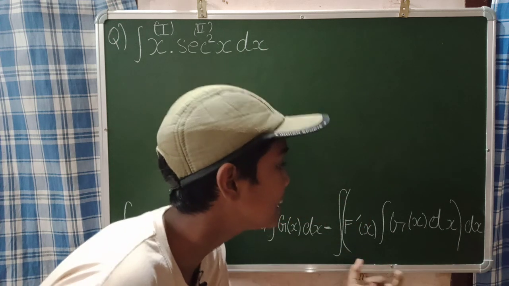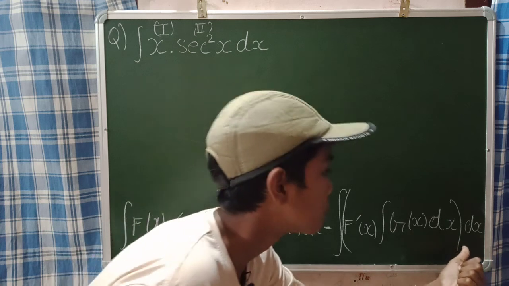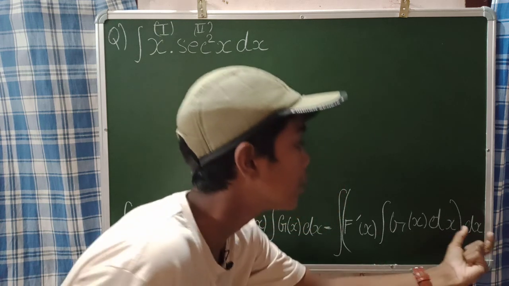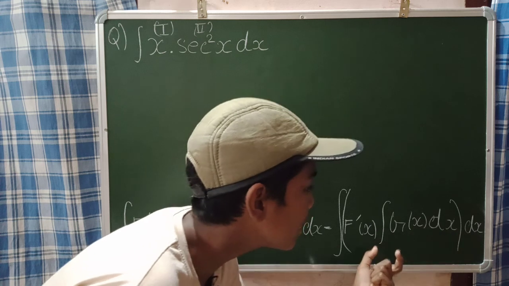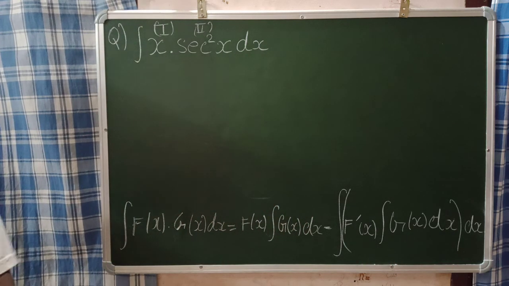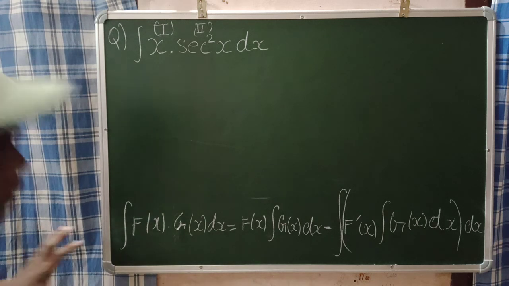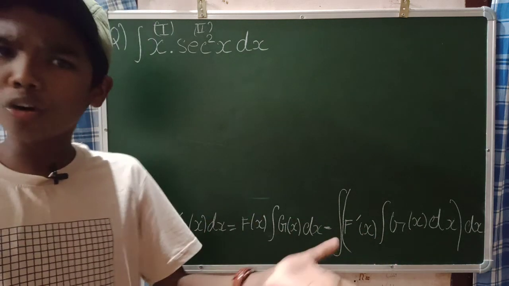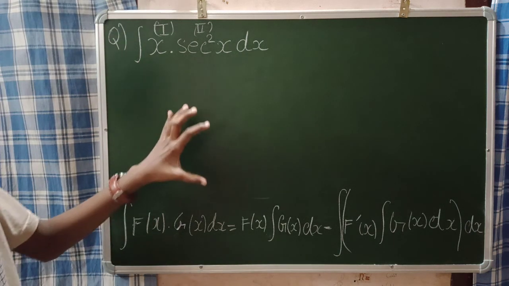Then I will integrate this whole expression by putting an integral symbol, then I will write dx on the whole, because this dx is for this integral and this dx is for the small integral. I hope that makes sense. So this is what our by parts rule says, and I told it in the concept itself. So I will apply this rule in this question.